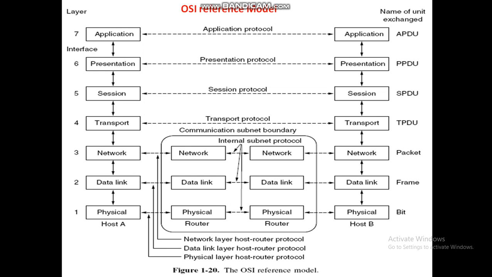In the physical layer, the data is directly connected to hardware devices. The communication between the application layer at the source side and the destination side happens only through the intermediate layers.